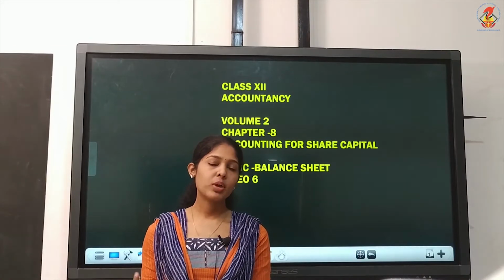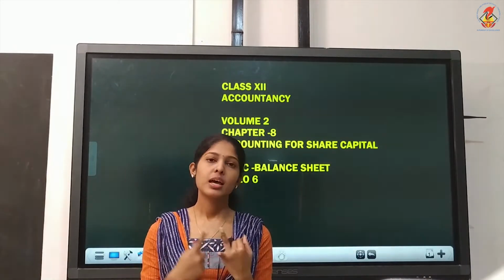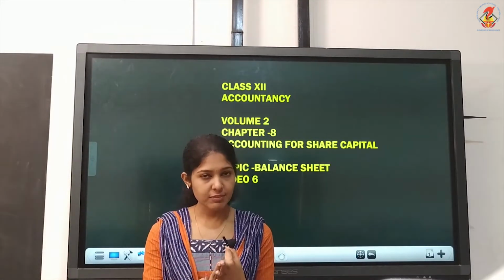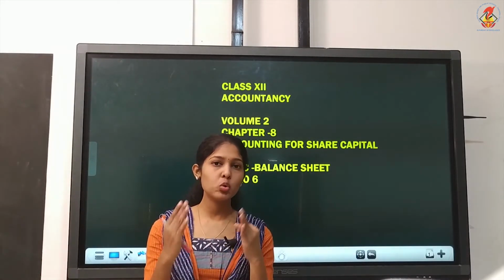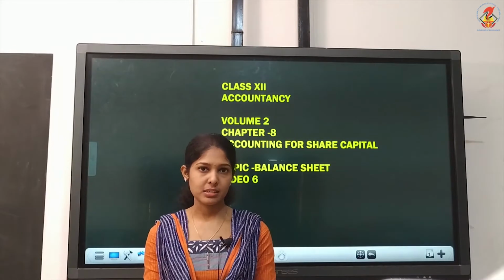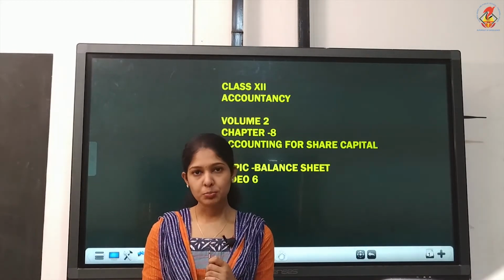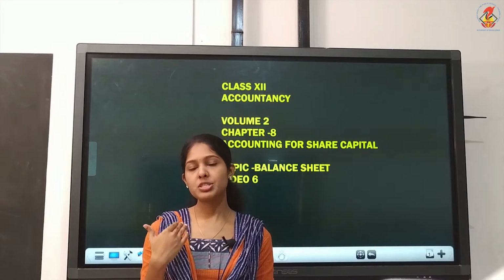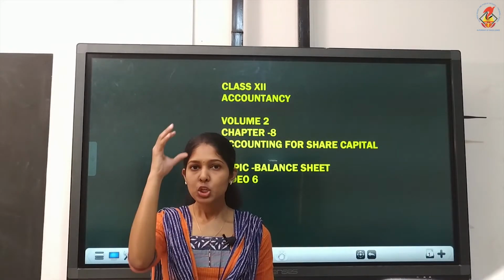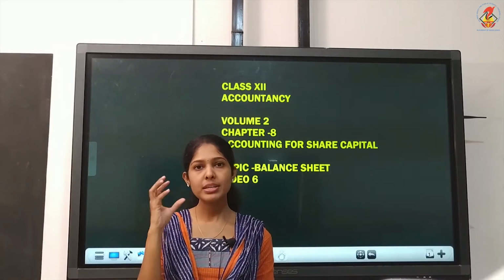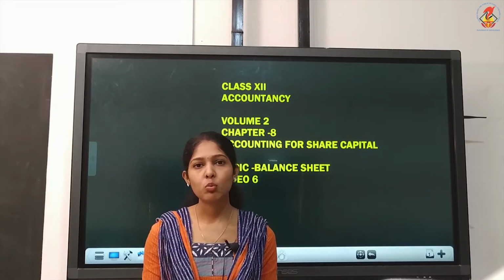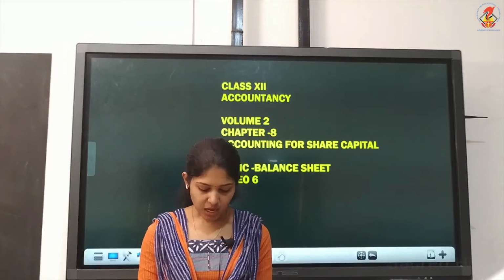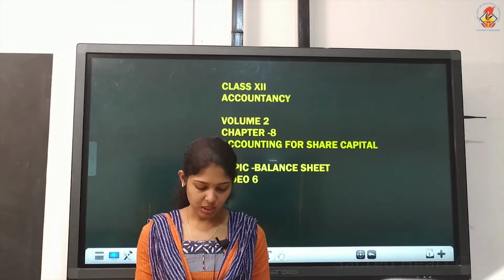Under current assets, we have cash and cash equivalents, inventories, trade receivables. Trade receivables include bills receivable and debtors. You must know all the subdivisions, and you are familiar with them. Just go through the format of the balance sheet once again. You must have this balance sheet format in your mind, then only we can work out problems in this chapter. So we'll see how to do the balance sheet in this chapter.